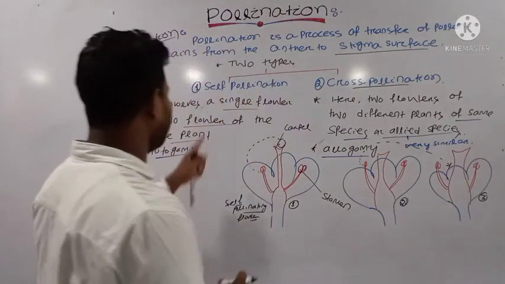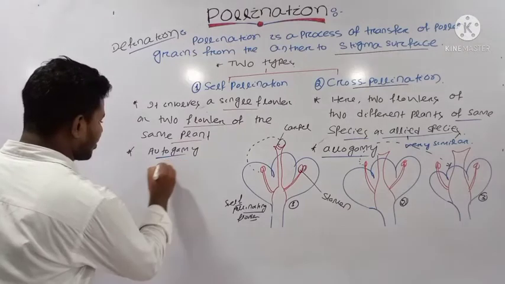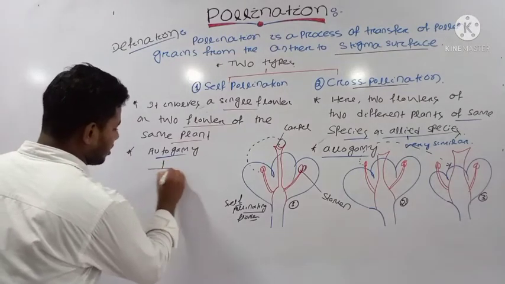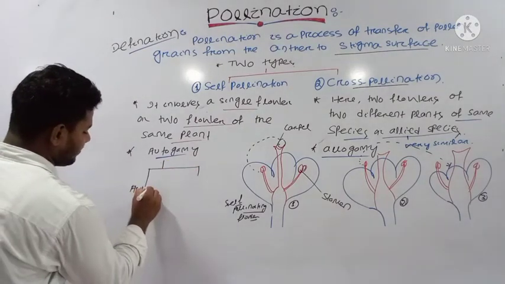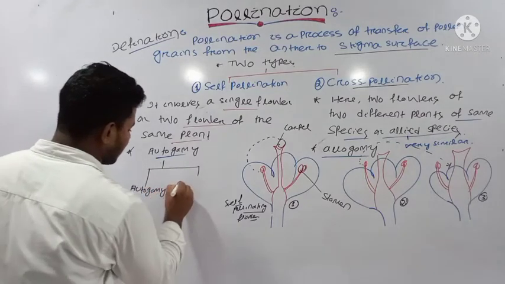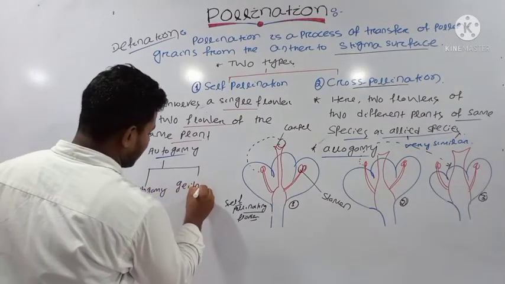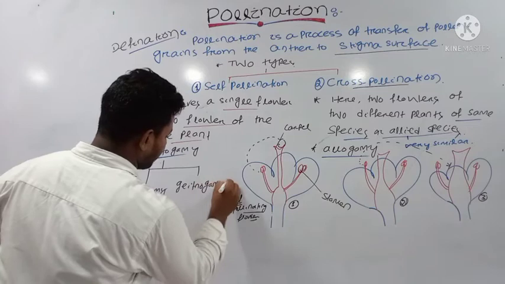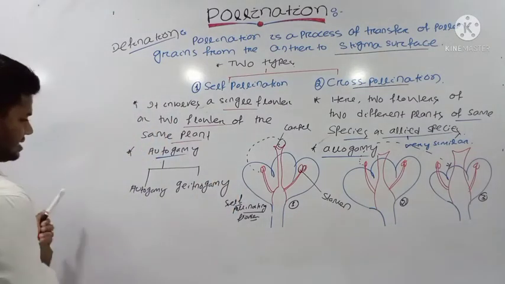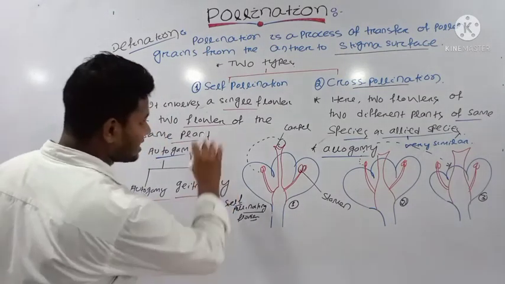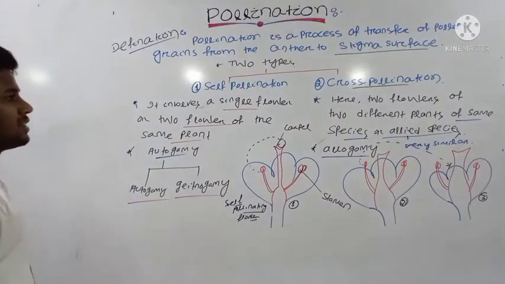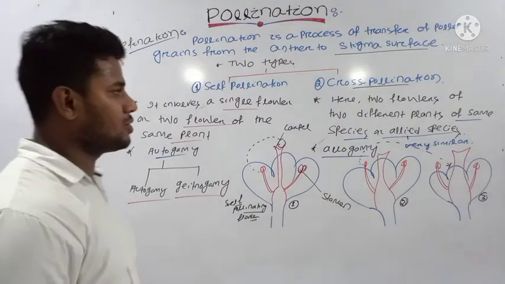Clear? And self-pollination, or autogamy, is of two types, and another is known as geitonogamy. Autogamy and geitonogamy. First draw these diagrams and the difference between self-pollination and cross-pollination.